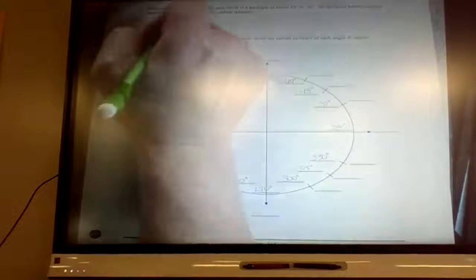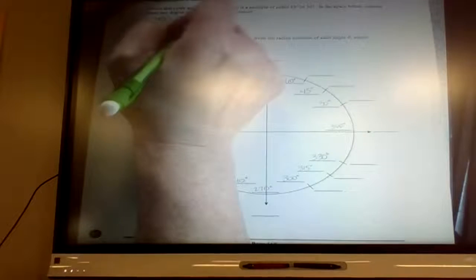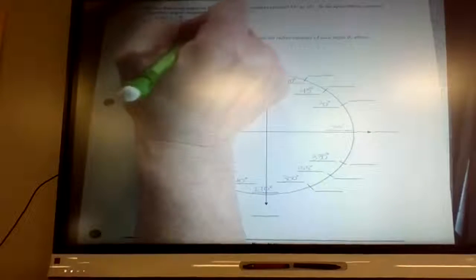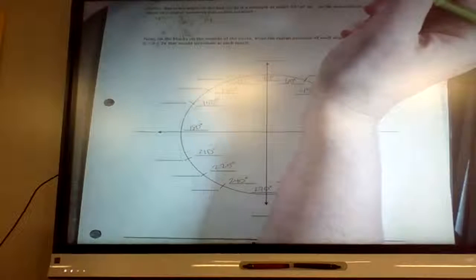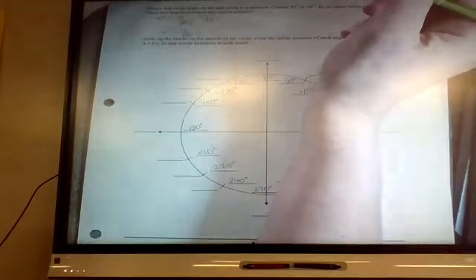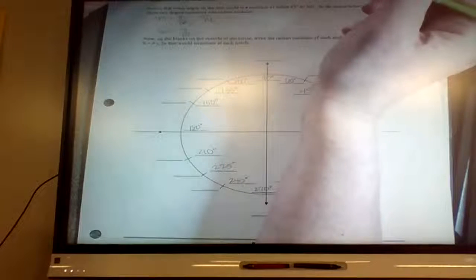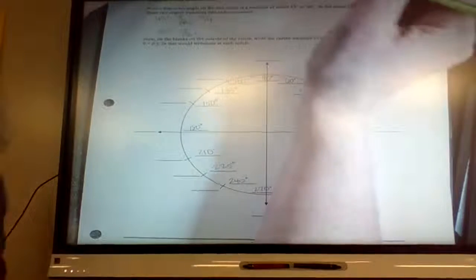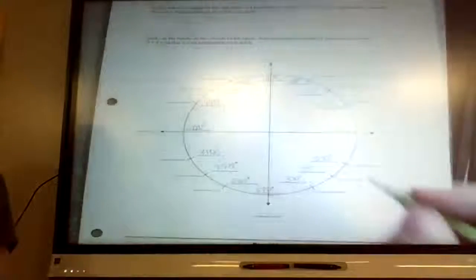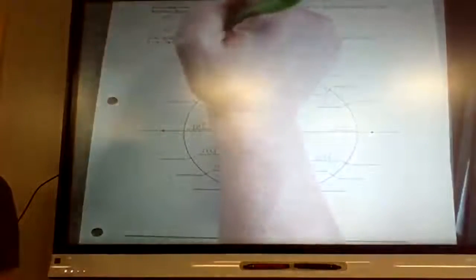Because 45 goes into 180 4 times. And then 30 degrees into radians would be how many times is 30 going into 180? 6. So it would be pi over 6.